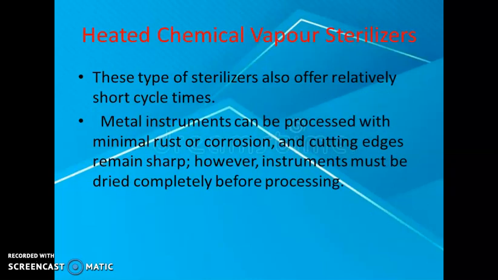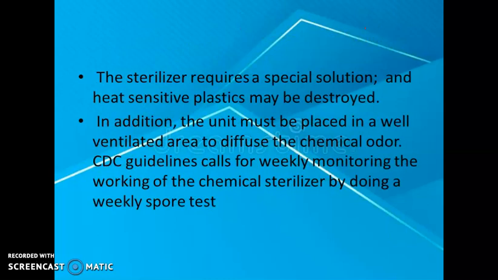Heated chemical vapor sterilizers. This type of sterilizer also offers relatively short cycle times. In this, metal instruments can be processed with minimal rust or corrosion, and the cutting edges remain sharp. However, instruments must be dried completely before processing. That is important.